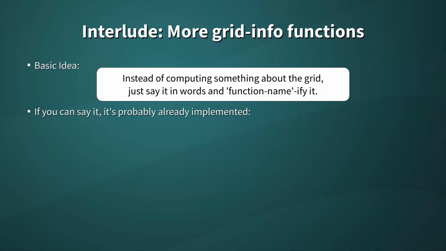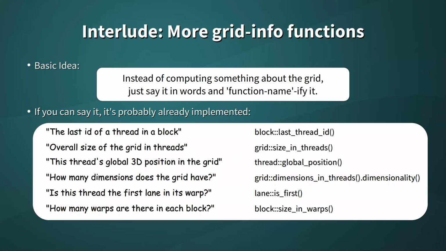And if you can say it in words, then I've probably implemented it. So here are a few examples. If you want the last ID of the thread in a block, it's in a block, so the block sub namespace and last thread ID.